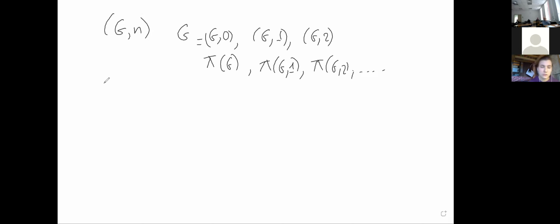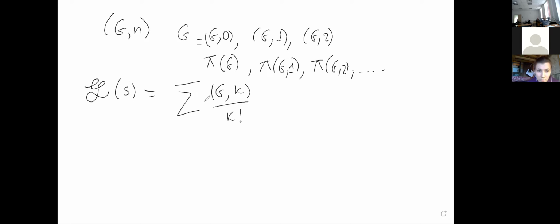And we may construct generating functions of T of S, G. These are exponential generating functions. Sorry, it's N K plus V of G, of course.